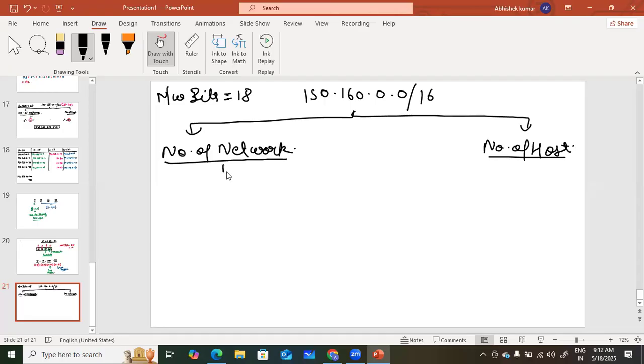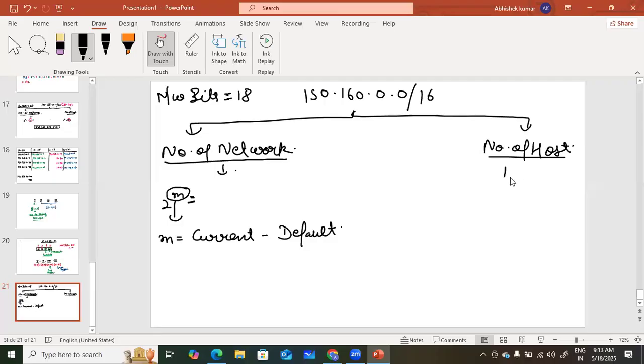The number of networks is 2 to the power m, where m stands for current minus default, which is current subnet length minus default subnet length.